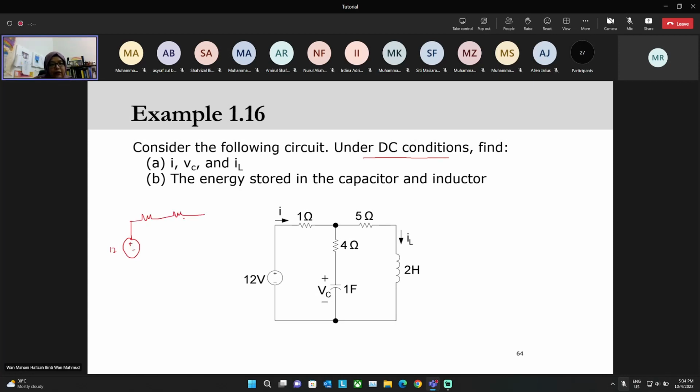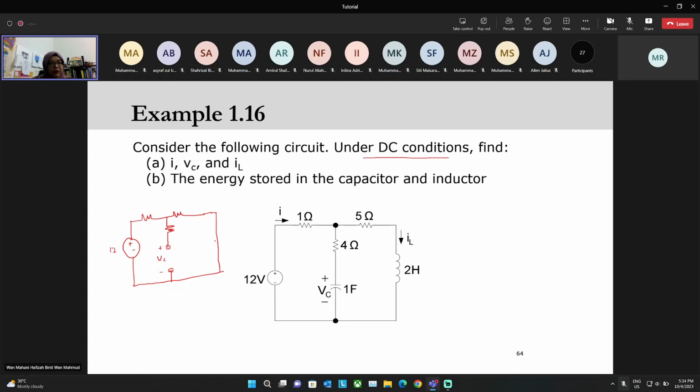Okay, so what you need to do with the capacitor, open circuit. Open circuit dekat bahagian capacitor bermaksud you remove lah open circuit. Dia dah open circuit. Tapi even though open circuit, V dia masih ada. Okay, and then untuk inductor pula, on the right side, inductor dalam keadaan DC condition, dia bertindak seperti short circuit.